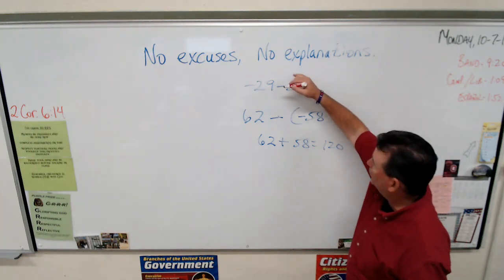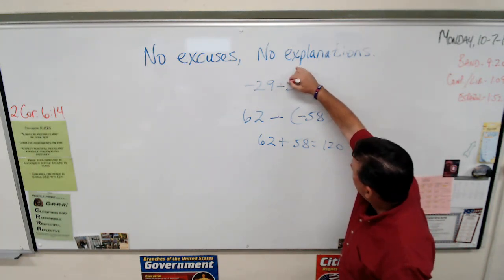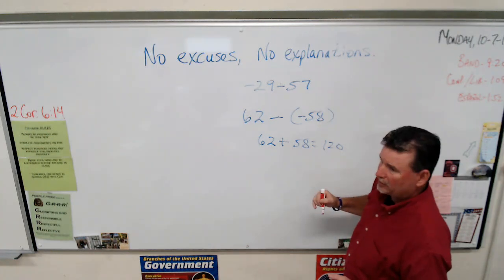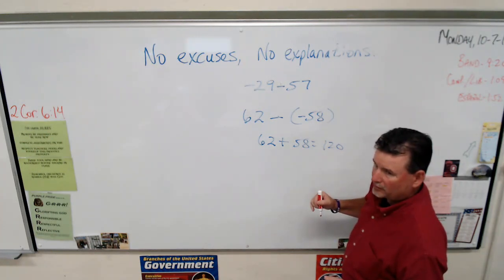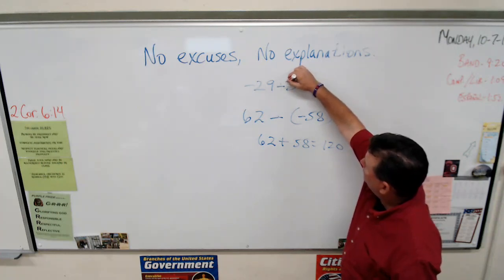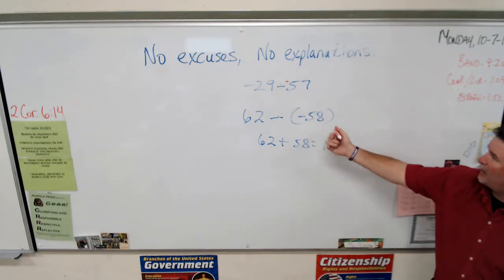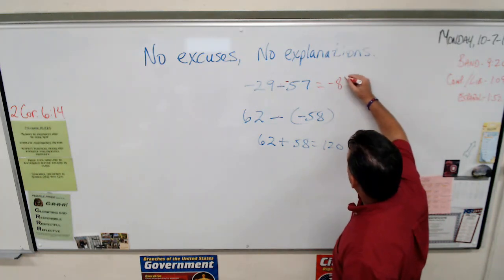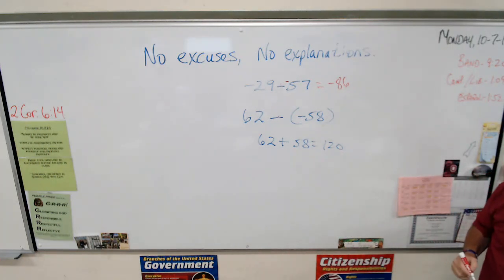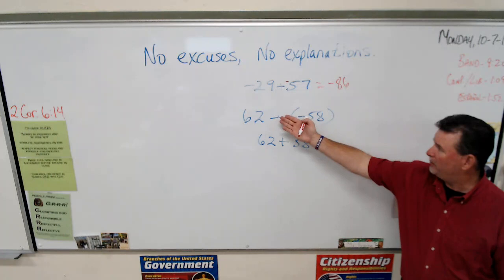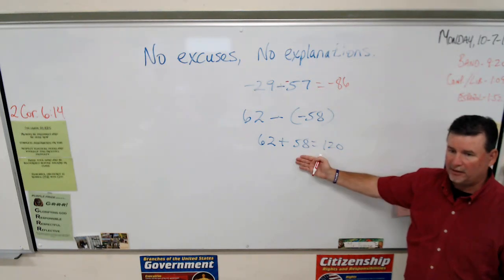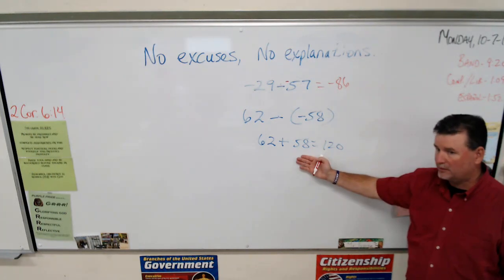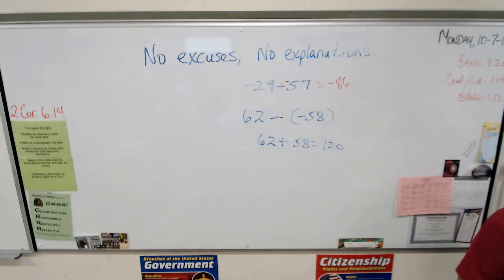So this turns into plus negative 57. That's how we got negative 86. Is that good? Everybody? Yes. And this became plus positive 58.